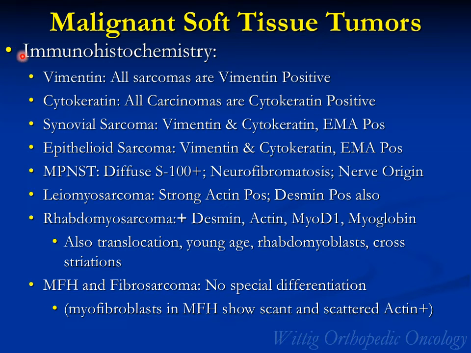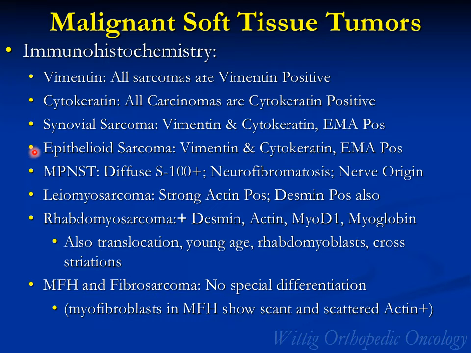These are your important immunohistochemical stains. Vimentin. All sarcomas are vimentin positive. Cytokeratin. All carcinomas are cytokeratin positive. Synovial sarcoma is vimentin, cytokeratin positive, and epithelial membrane antigen positive.